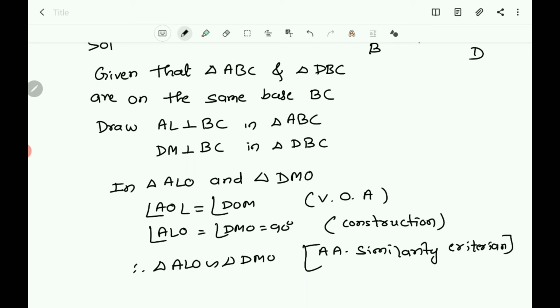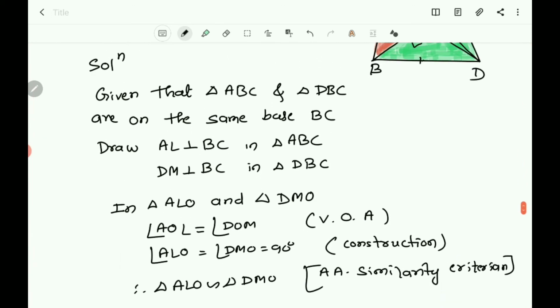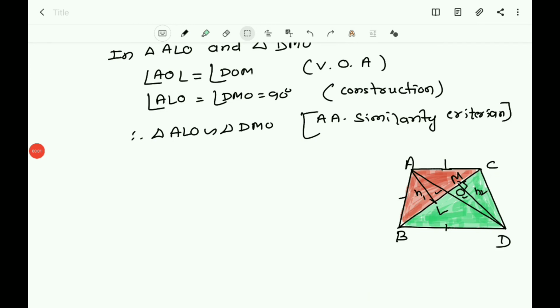AA similarity criterion. Next, as triangle ALO is similar to triangle DMO, you know that their corresponding sides must be in the same ratio. So you write AL by DM.